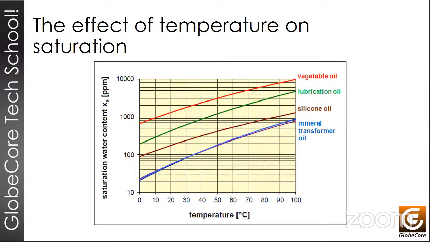We can observe how mineral oil works at temperatures below 30 C. Its water absorption capacity is less than 100 ppm, but when the oil is close to 100 degrees, this capacity rises to about 900 ppm. The effect on silicone oils, lubricating oils, and vegetable oils changes very much, which changes the proportion of moisture that these fluids absorb. Another element to consider is that as the temperature drops, this dissolved water will separate from the oil.